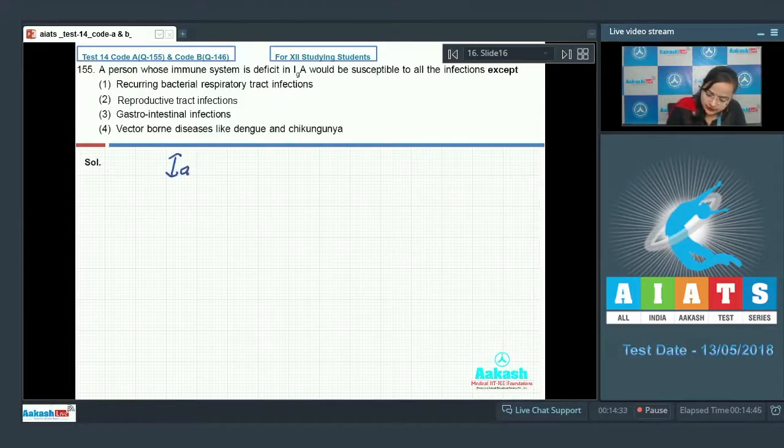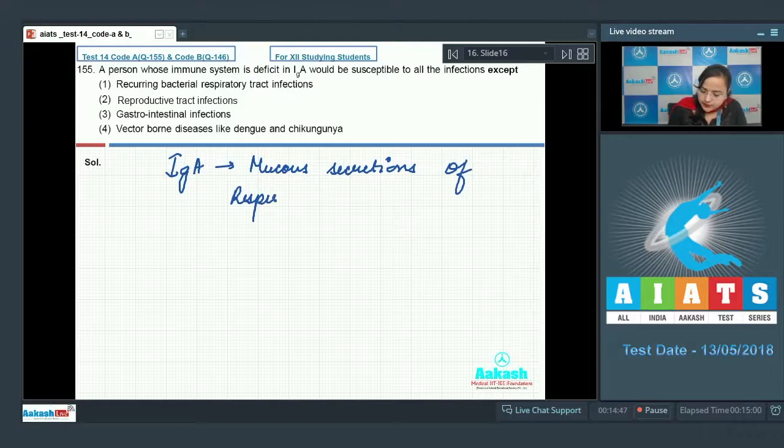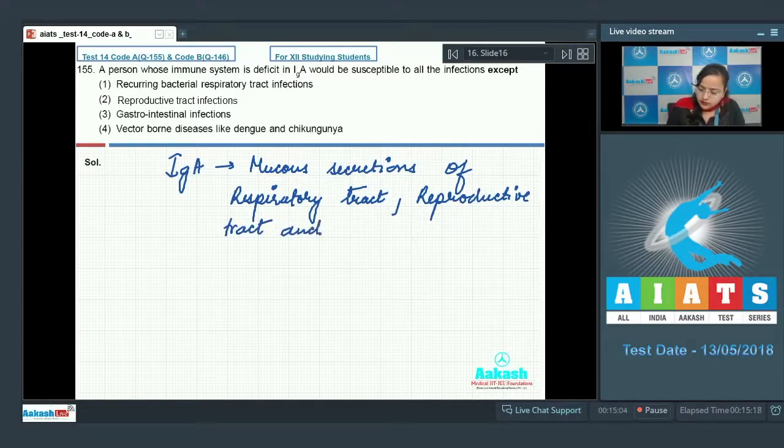So IgA is present in mucus secretions of the respiratory tract, reproductive tract, and gastrointestinal tract, and it is also associated with the mucosal coating of these tracts, and this IgA provides protection against pathogens or antigens entering via inhalation of air or ingestion of food or through the reproductive tract.